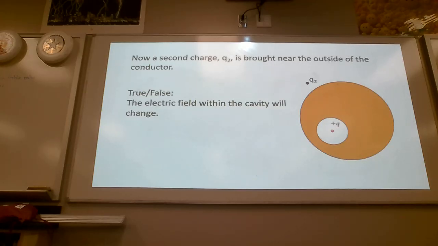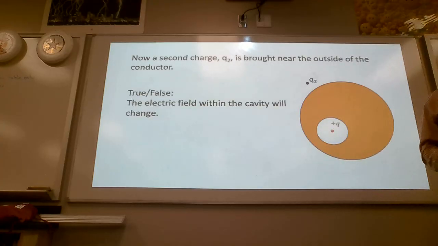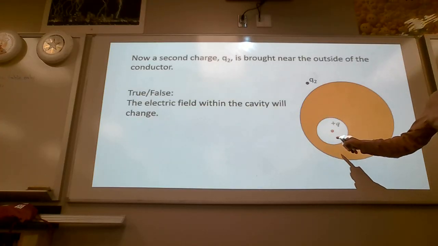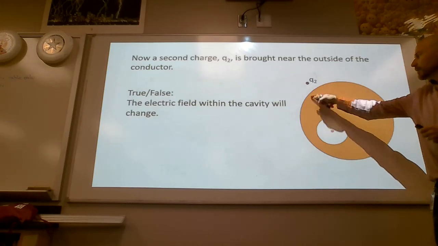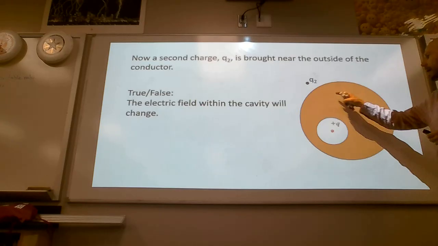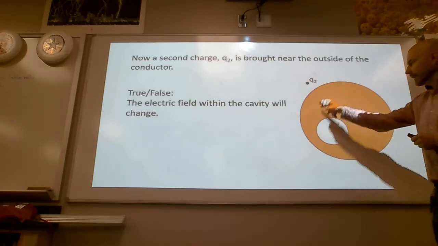Correct answer is false. You're still going to have this electric field produced by this charge. This polarization on the outside cancels out the field that this one produced inside the interior here.